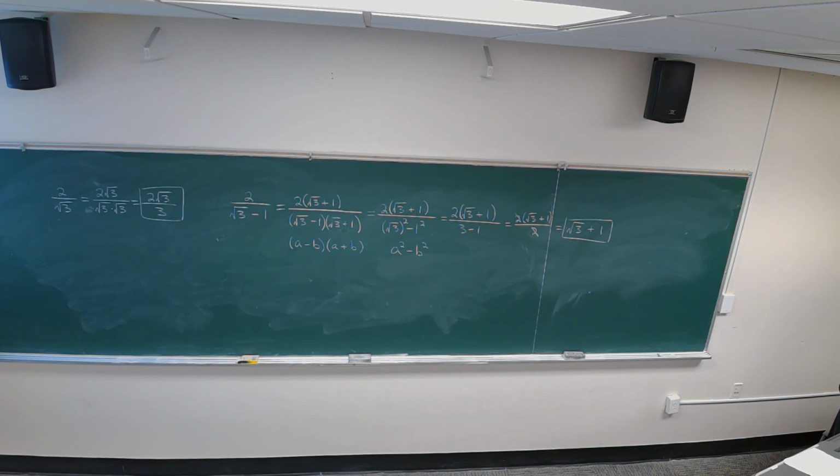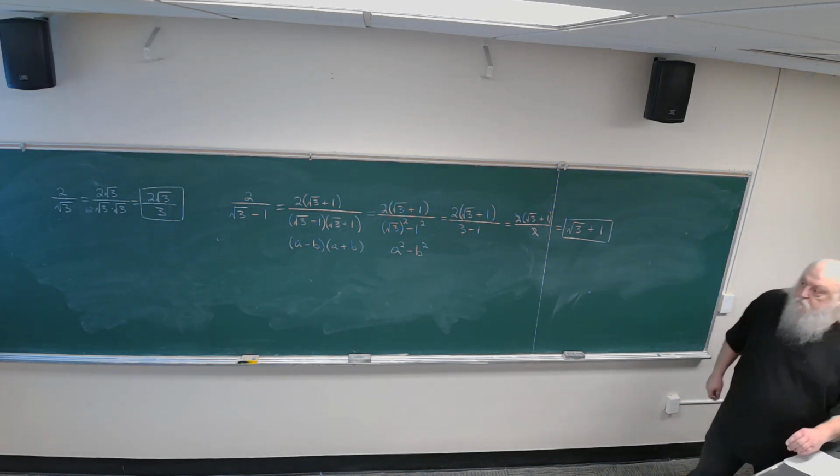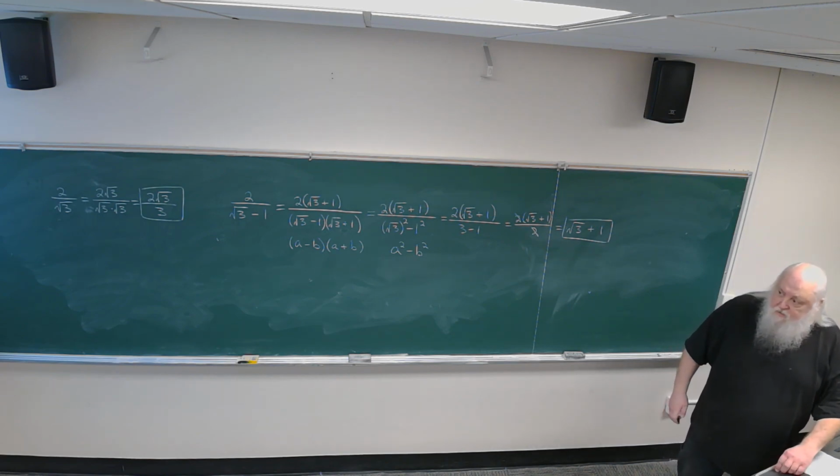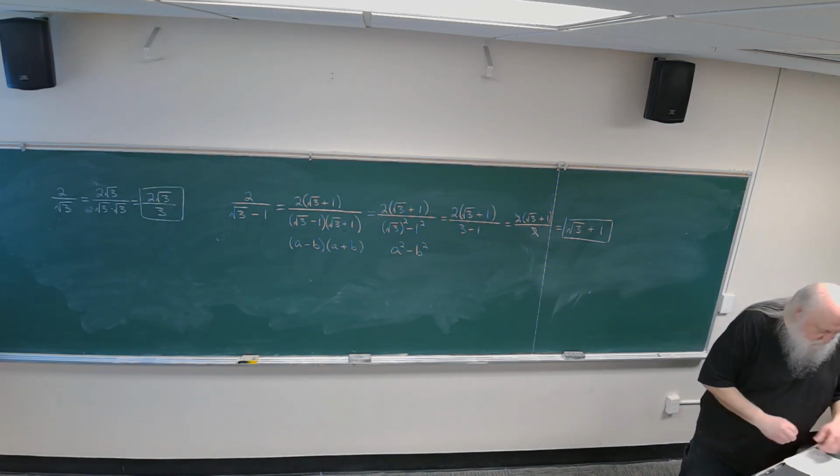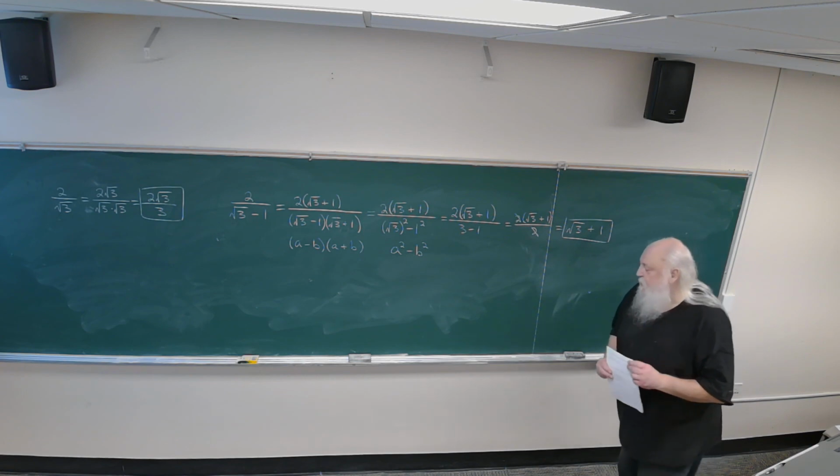And the conjugate of A minus B is A plus B. You get the conjugate of A minus B, you just change the minus sign to a plus sign, okay? We need that in rationalizing denominator or numerator in the examples that follow.